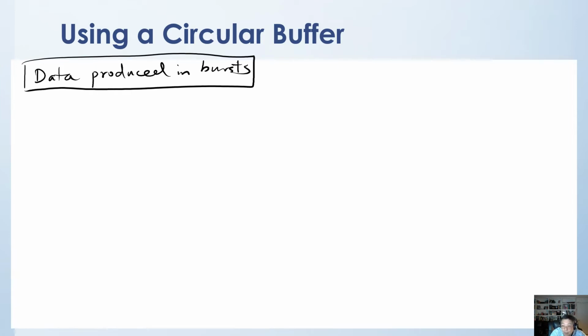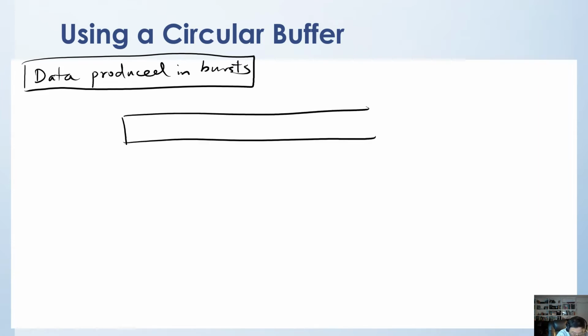The producer starts by generating a burst of data items. If you use only one buffer, you can only fill one buffer and you have to wait for the consumer to remove the data. So there's no way you can produce 3 items in a very short period of time.